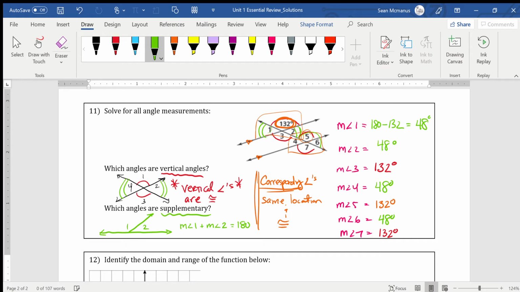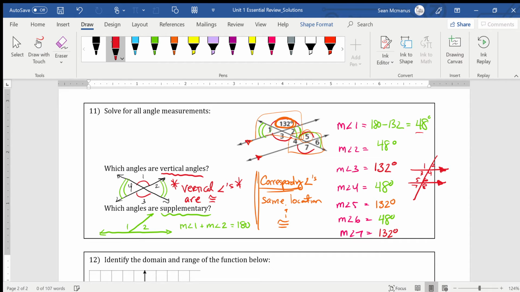So long story short, you can get the hang of these pretty quick. If I have two lines cut by a transversal, it's going to form 8 angles: 1, 2, 3, 4, 5, 6, 7, 8. As long as these are parallel, which you'll see if it has this big arrowhead on it, that tells me they're parallel. Then with those 8 angles, I know there's only 2 different measurements.